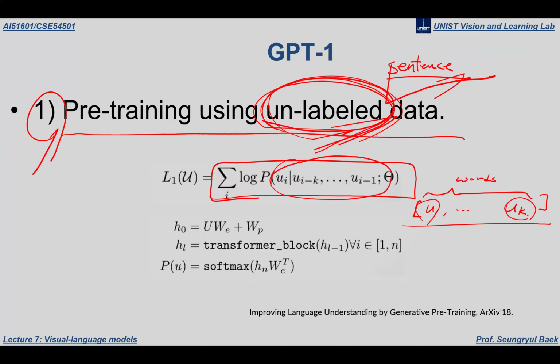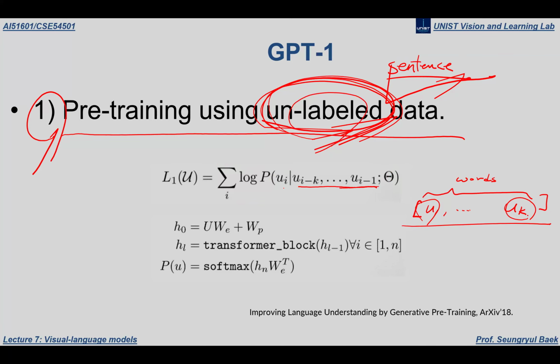You can train the network not by explicitly having a label, but by using this characteristic inherent in the sentence: given the previous words, you can infer the next word.